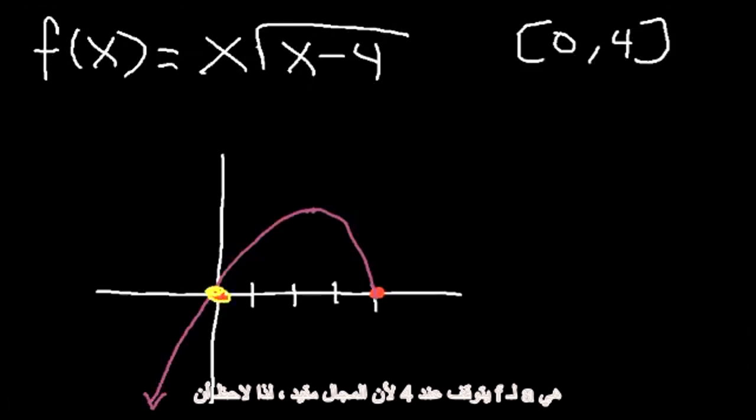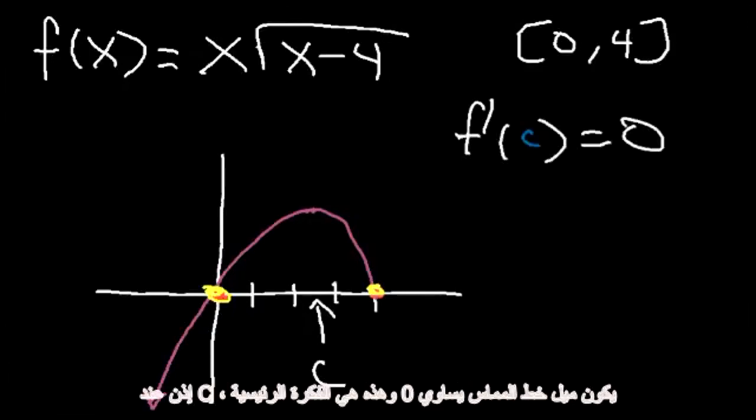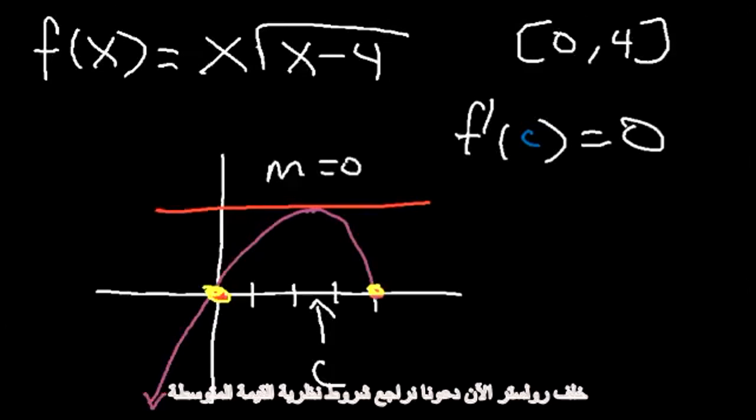So notice that f of a is equal to f of b. So therefore, there is a c value where f prime of c is equal to 0. So at c, the slope of the tangent line is equal to 0. And that's the main idea behind Rolle's theorem.